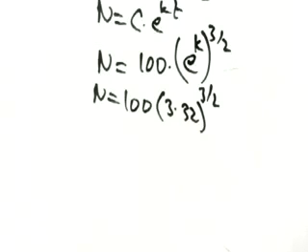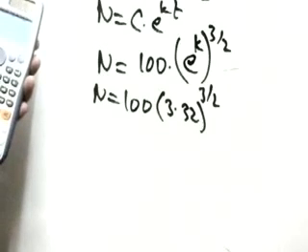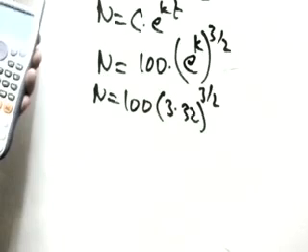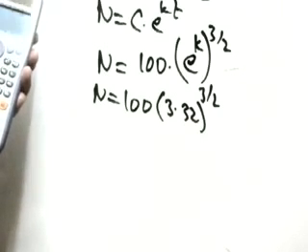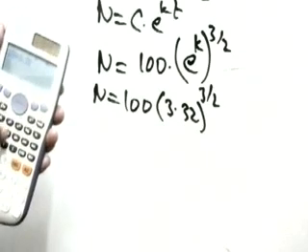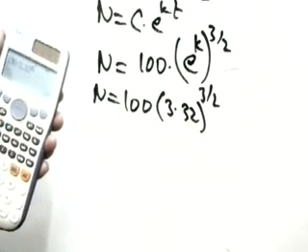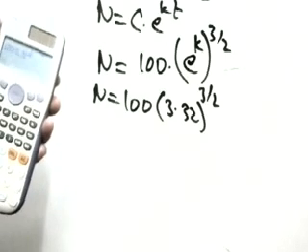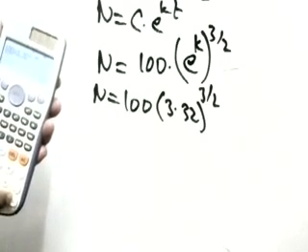We can get this value from the calculator. We write 100 into 3.32, raised to the power 3 by 2, which means 1.5.